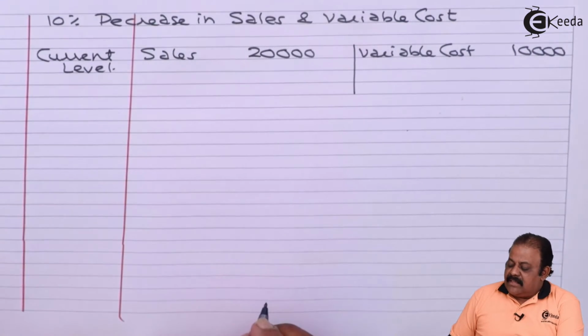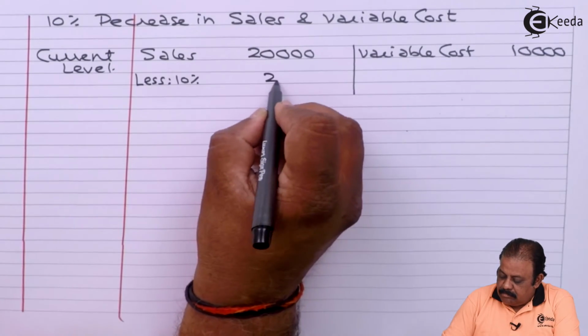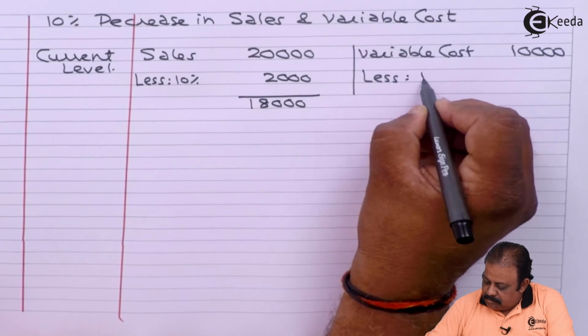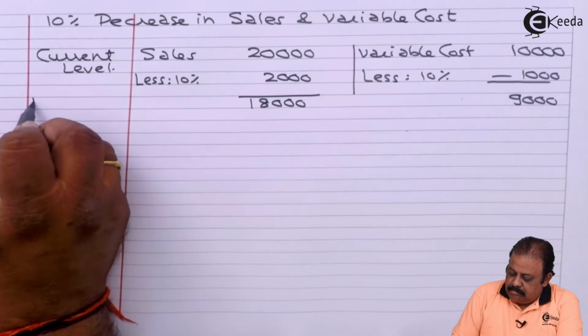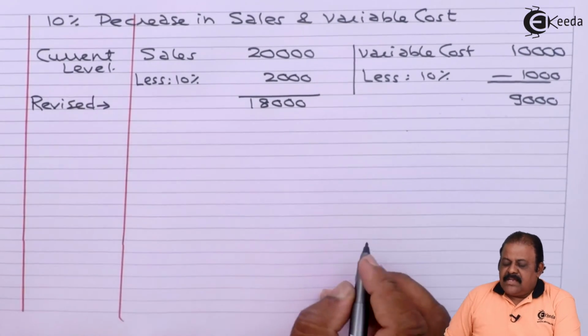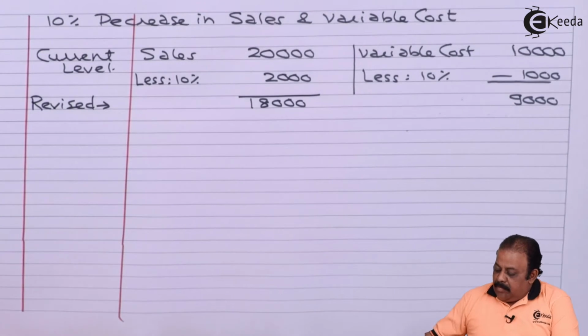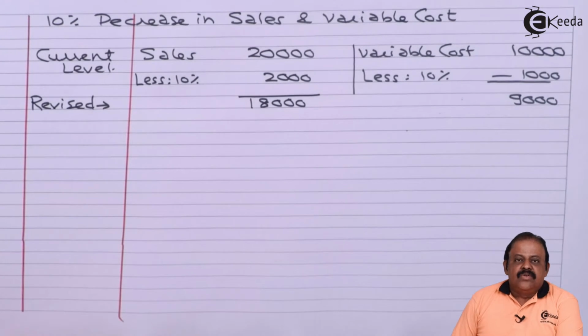At current level, sales is 20,000 and variable cost 10,000. Both are going to fall by 10%. Sales will fall by 2,000. So revised sales is 18,000. Variable cost 10,000 minus 1,000. So revised variable cost is 9,000. So we got revised sales as well as variable cost.